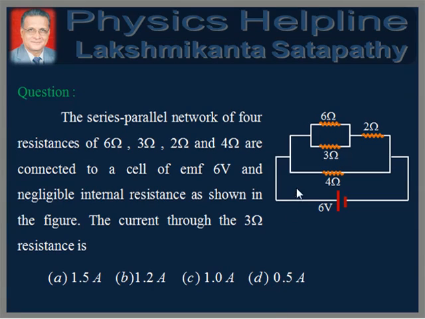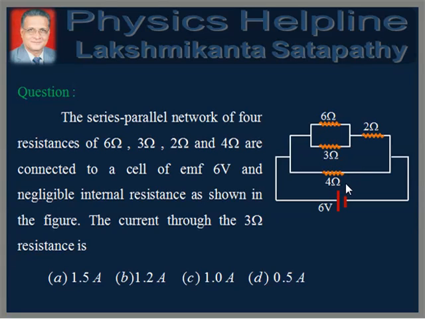The series parallel network of resistances is shown in the figure. There are 4 resistances: 6 ohms, 3 ohms, 2 ohms and 4 ohms. Now 6 and 3 are connected in parallel and the 2 ohm is in series with this parallel combination.